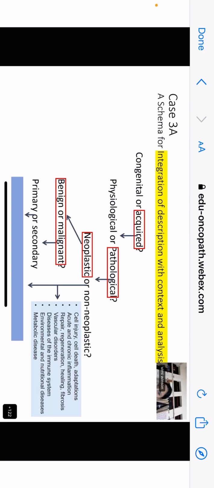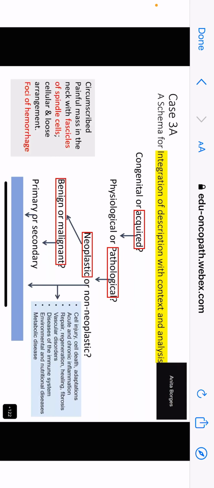It's cellular. So is it benign or malignant? So now we have to go and find out what it is, right? We have to make a description. So it is circumscribed. You know the history. It was a painful mass in the neck, and you described it right. There are fascicles of spindle cells in a cellular and loose arrangement. You saw the clear cells over there, and there were foci of hemorrhage.